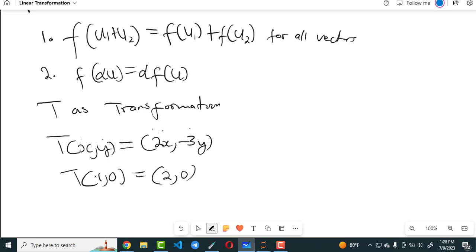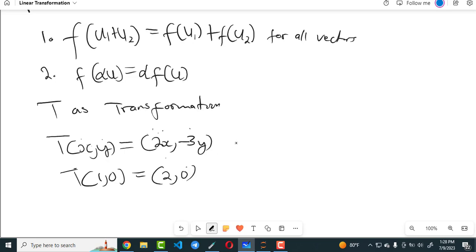This result indicates that in the x-axis, the unit vector 1 and 0 is transformed to the vector 2 and 0 under the linear transformation t.